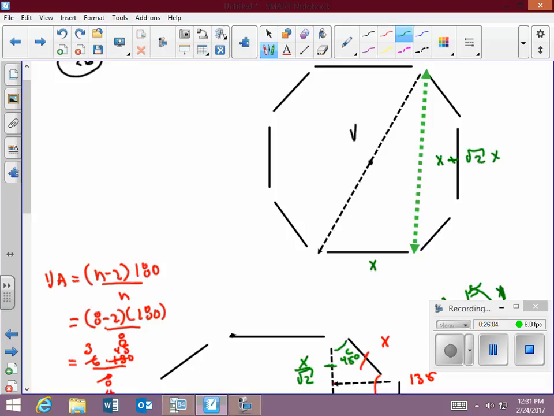So v is going to be the square root of the sum of those two, because it's this side squared plus this side squared equals this side squared. So v is going to be the square root of x squared plus x plus the square root of 2x, the quantity squared.